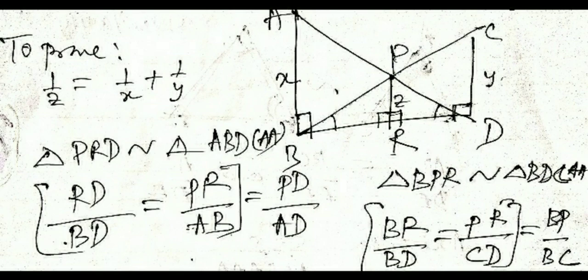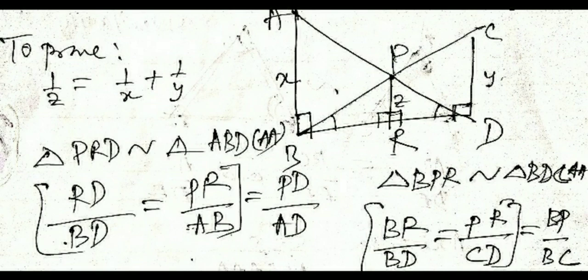Similarly, second, you have chosen BR by BD is equal to PR by CD. Why did we take this one? We want to add both of them so that BD will be cancelled. Understood? Let us now add.